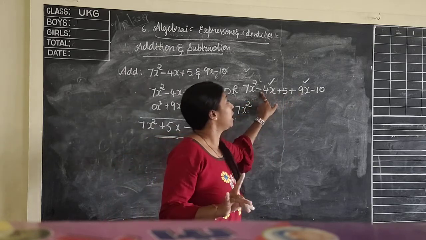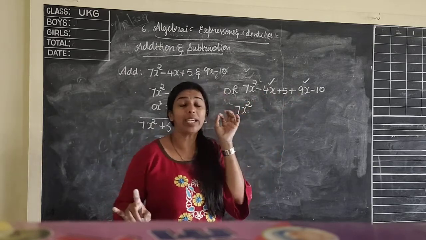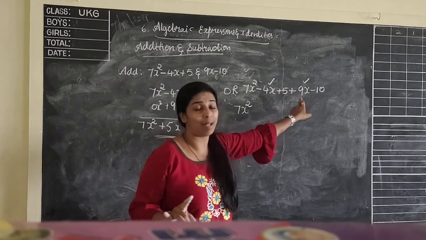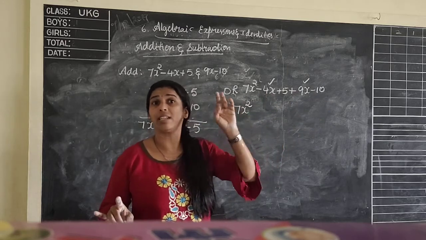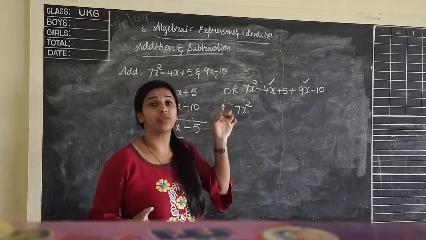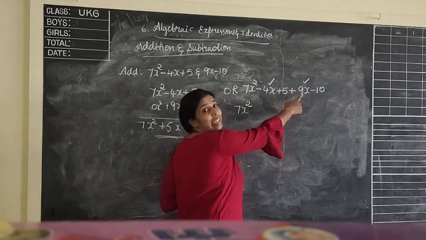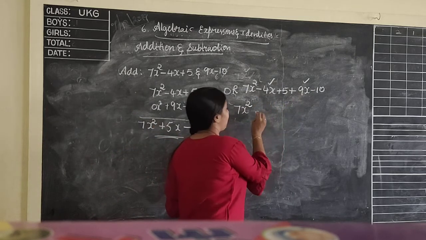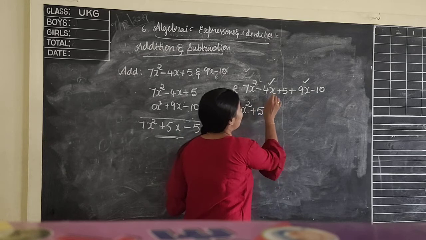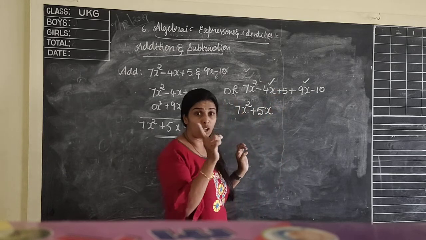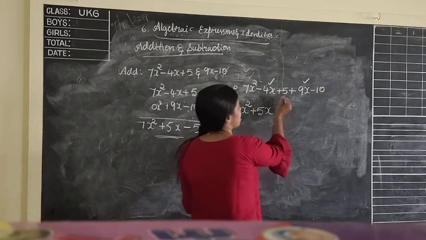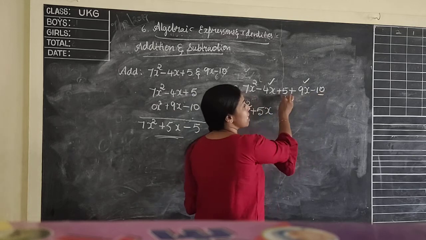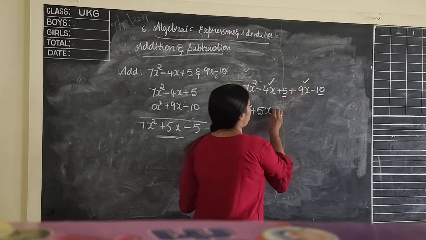X and x. Minus 4 plus 9. Be careful about the sign. Minus 4 plus 9. 1 plus 1 minus, subtraction. 9 minus 4, 5. But the sign contains always bigger number sign. 5x. Don't give the coefficient. Next remaining is this side. Plus 5 minus 10 minus 5.